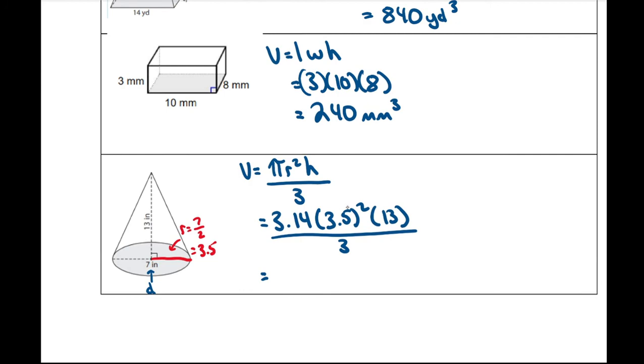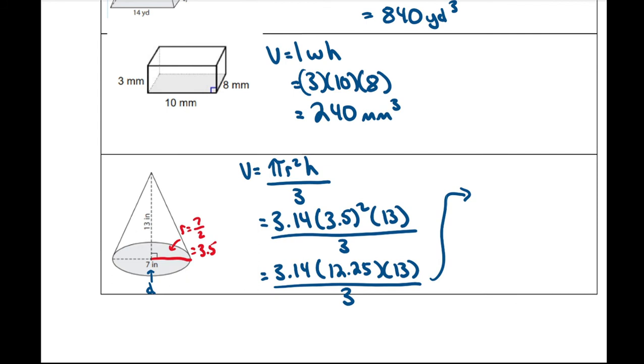And remember, you have to deal with the squared first, following your order of operations. So 3.14 times 3.5 squared, which is 12.25, multiplied by 13, all divided by 3.